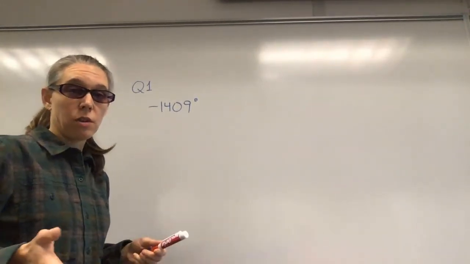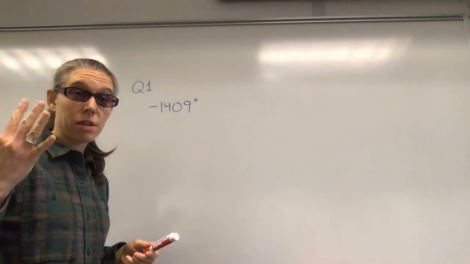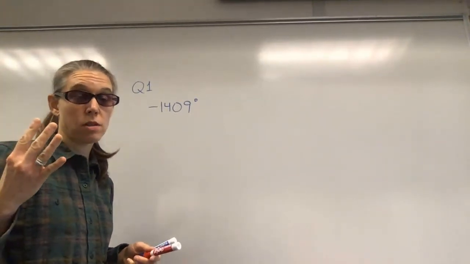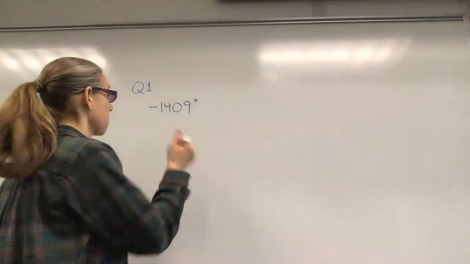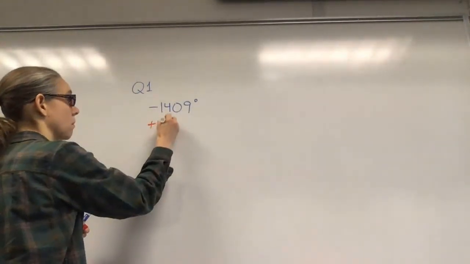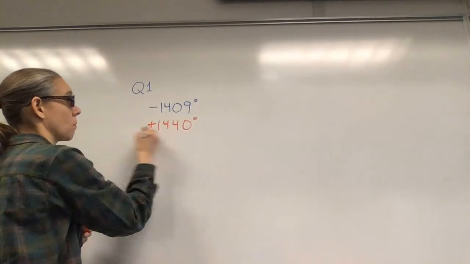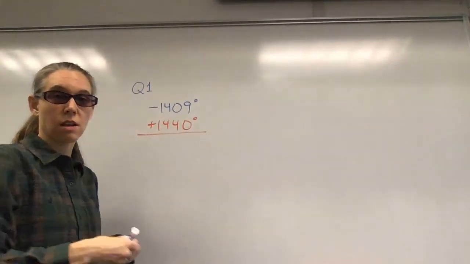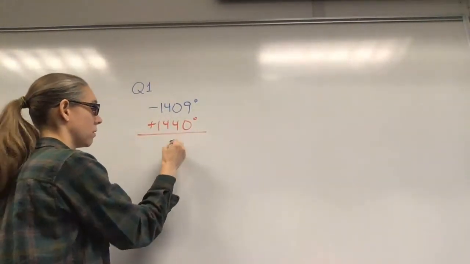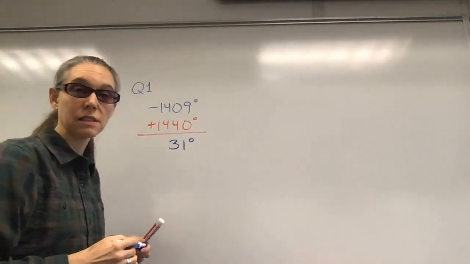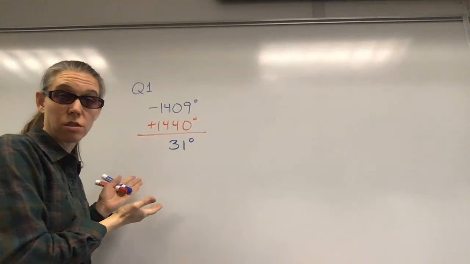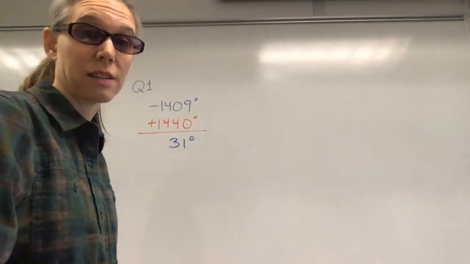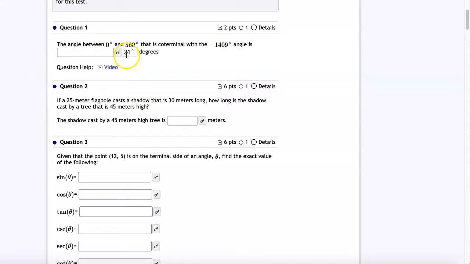So if you were to add 4 copies of 360, which is 720 times 2, 1440, now we've reached 31 degrees. And since 31 degrees is between 0 and 360, here is our coterminal angle between 0 and 360. And so you see right here that the answer is 31 degrees.